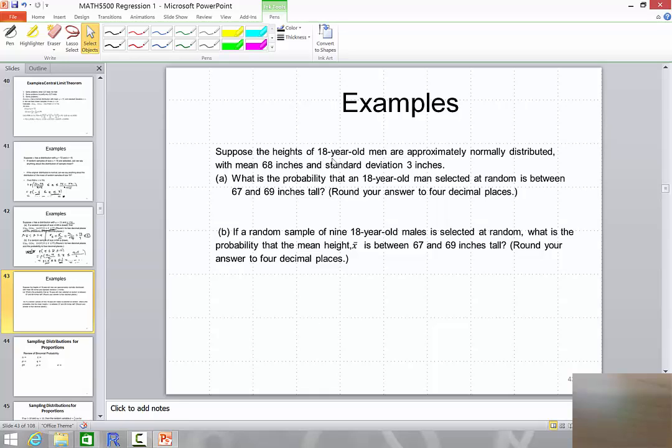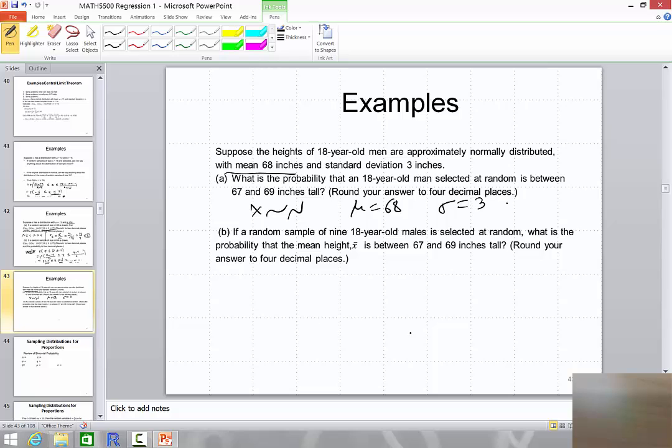Suppose the height of an 18-year-old man is approximately normal. The age has nothing to do with the method, whatever the age is, that's okay. This means X is normal, the mean is 68, and the standard deviation is 3. What is the probability that only one 18-year-old man, one person selected at random, is between 67 and 69?